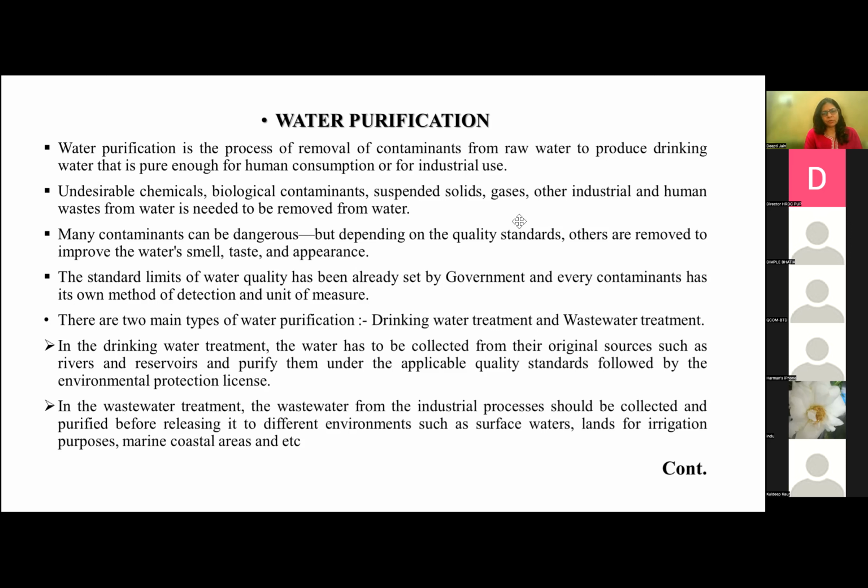And in the wastewater treatment, the wastewater from the industrial process should be collected and purified before releasing it to different environments, such as surface waters, lands for irrigation purpose, or marine coastal areas, etc. So before discharging it to the open environment, we have to get it treated. And it all depends on what type of treatment we have to give based on the type of contaminant present in that wastewater.